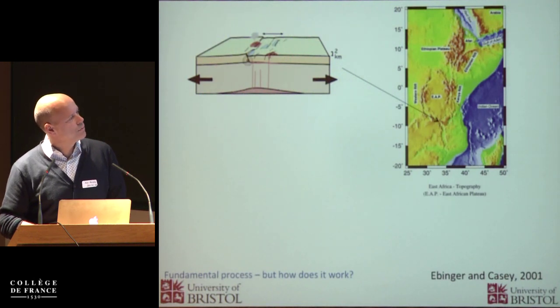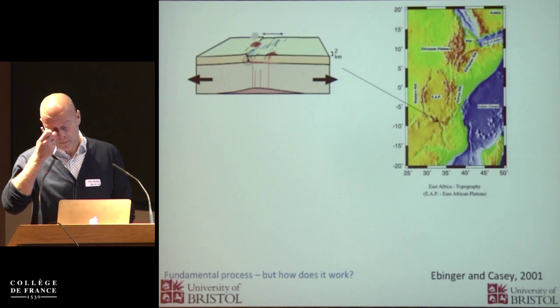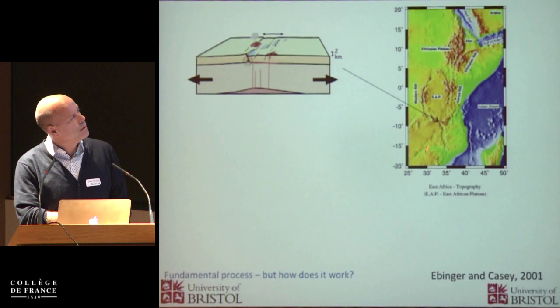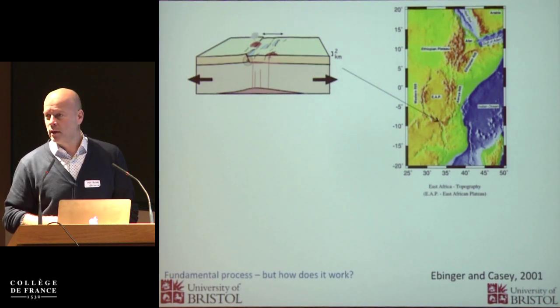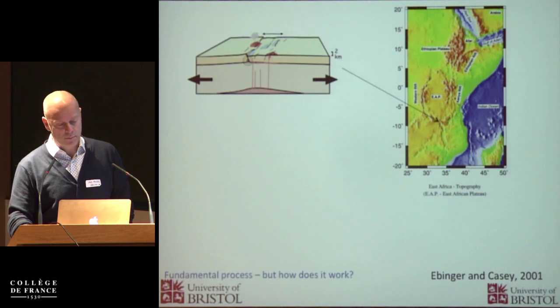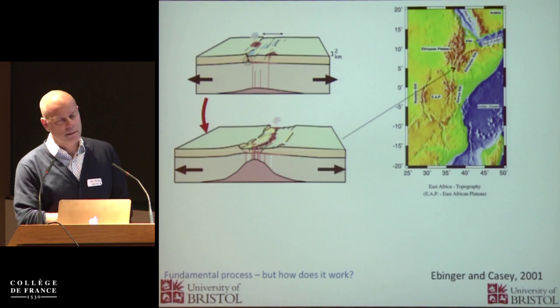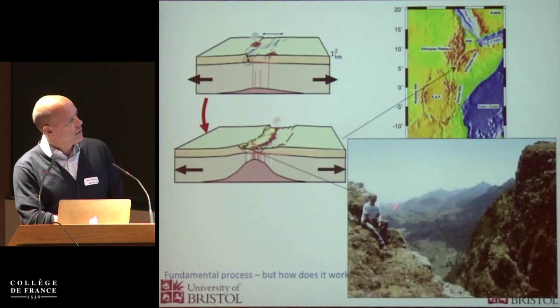This result summarizes work from a seminal paper from Cindy Ebinger and Martin Casey, and it shows how in the more juvenile stages of rifting, strain and deformation is accommodated by faulting, and you get these big border fault systems set up. Then as things advance, you start to get some axial magmatism and volcanism, and you get spectacular scenery like this.